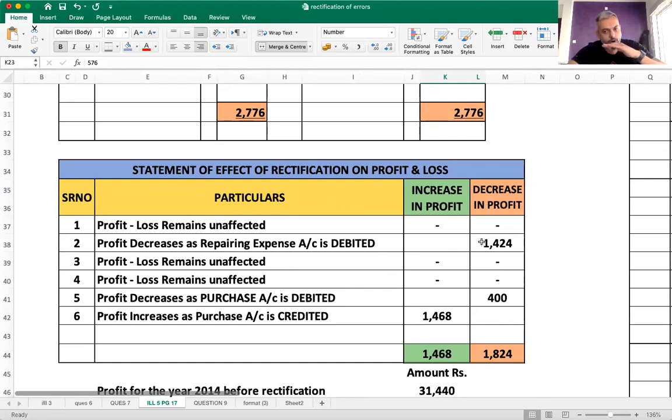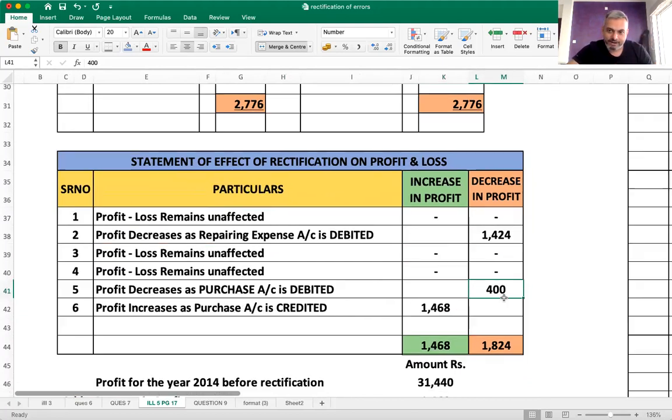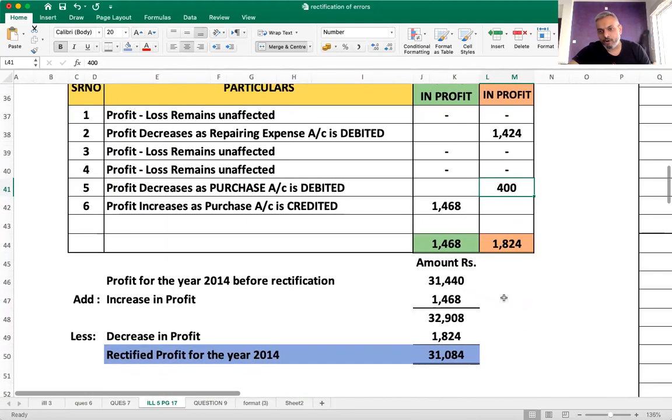Somewhere it has not affected, somewhere it has either increased or decreased. So what we finally did was, we had a profit before rectification, we added the increase, we deducted the decrease, and we got the final rectified profit or correct profit for the year 2014. So this is the complete cycle of rectification.